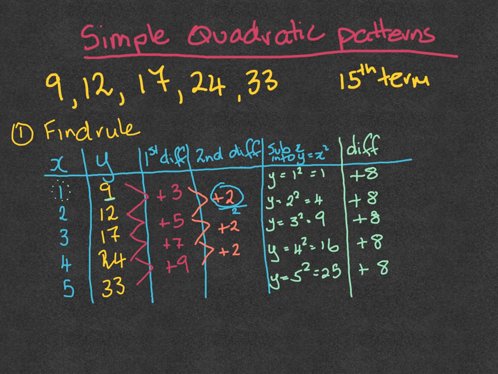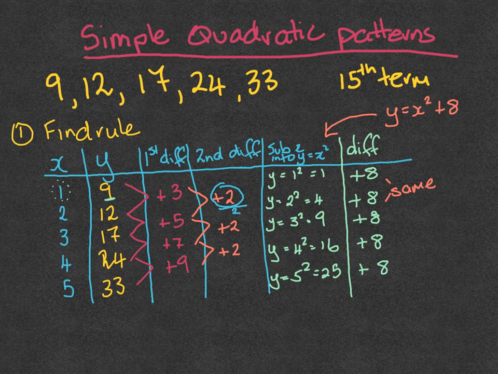And because all of them are the same, we actually stop now, and we can simply take that plus 8 and put that after our y equals x squared, because we knew that our equation started with y equals x squared, and then we came to our third difference after we'd substituted. It's all the same, it's plus 8, so we go plus 8.